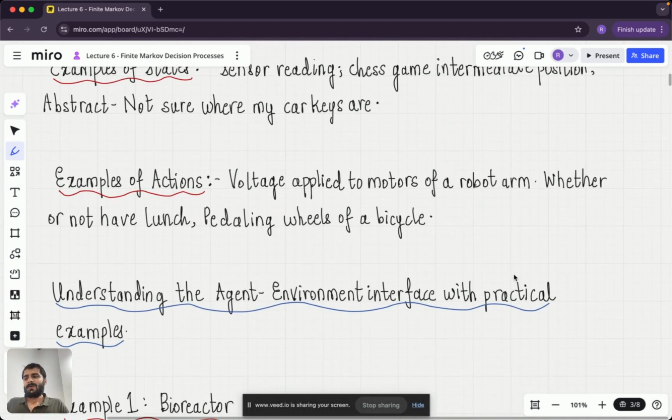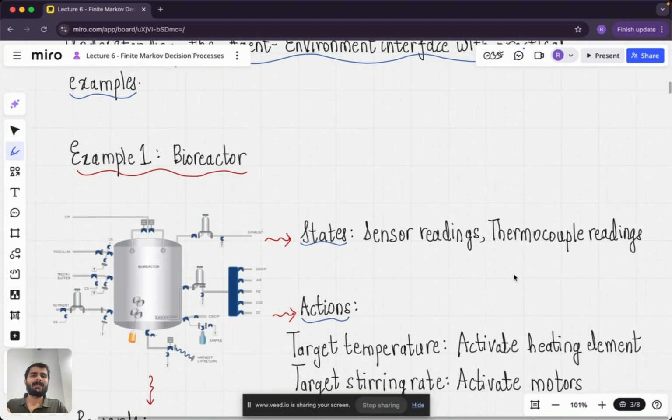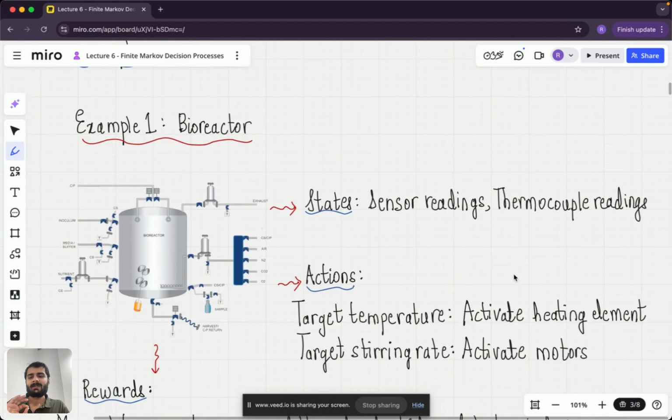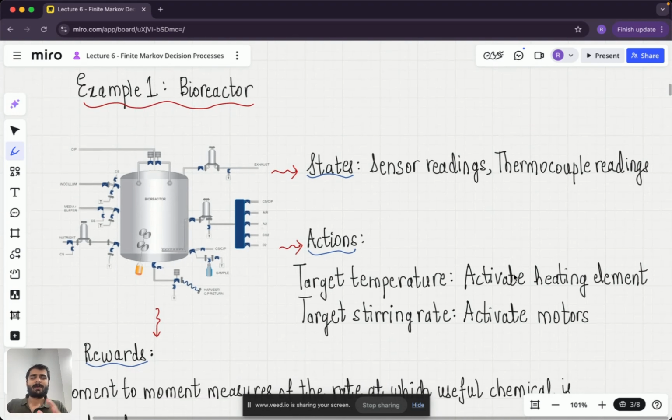Now we'll start to understand the agent environment interface with some practical examples, which will concretize your understanding about this interface and how to formulate problems in terms of the agent environment interface. So the first example that we will take is that of a bioreactor. Don't worry about what a bioreactor does. Even I'm not exactly sure about the workings of a bioreactor, but we don't need to know that.